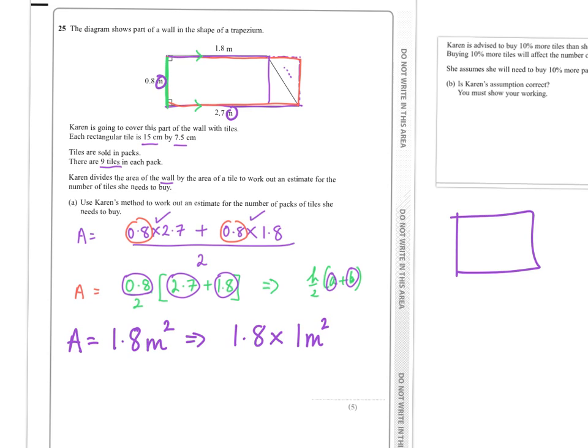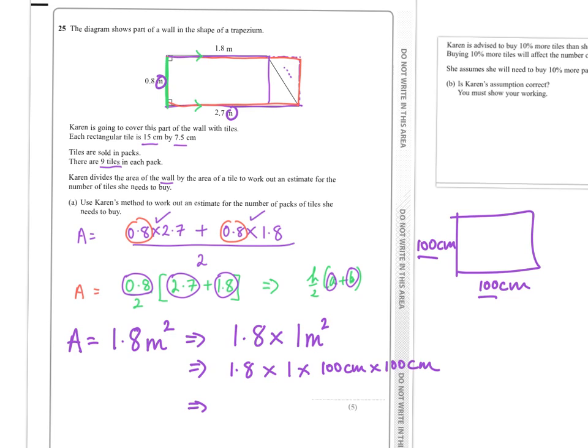Now a metre is 100 centimetres by 100 centimetres, so 1.8 times 1 metre square is 100 centimetres by 100 centimetres.